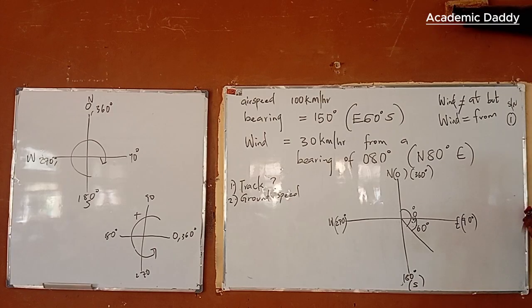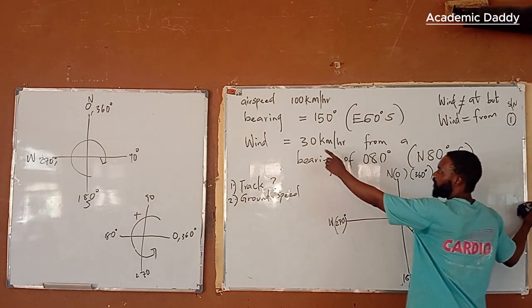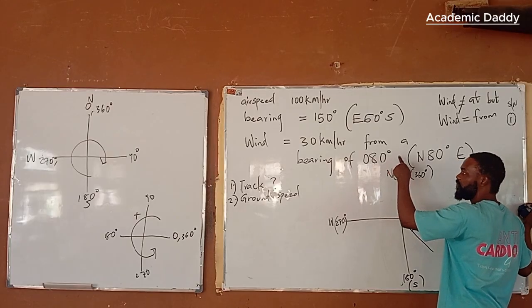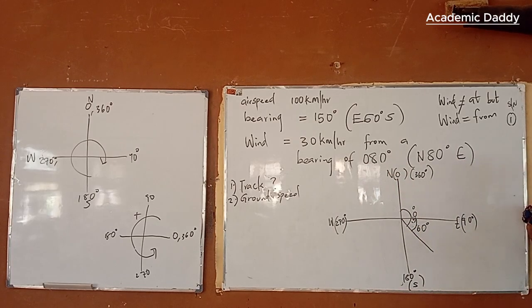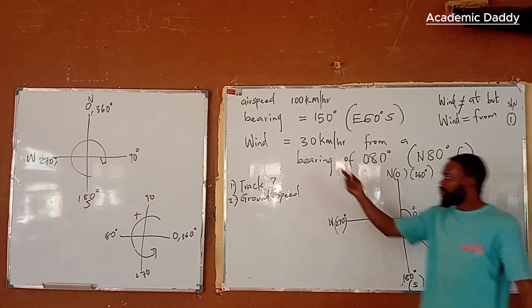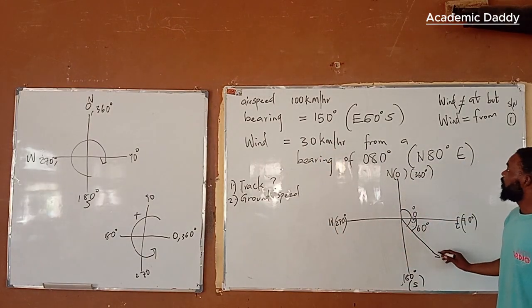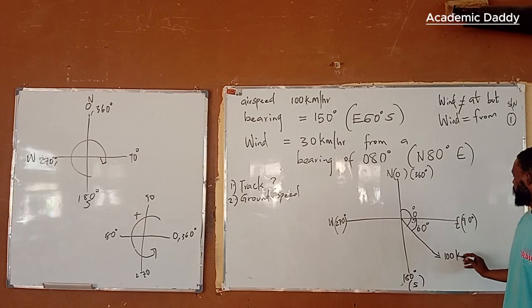If I know that, please notice something. They now tell me that there is a wind of 30 kilometers per hour from a bearing of 080 degrees. That wind is coming from a bearing. This wind has 30 kilometers per hour. Can you think first? This one is 100 kilometers per hour.